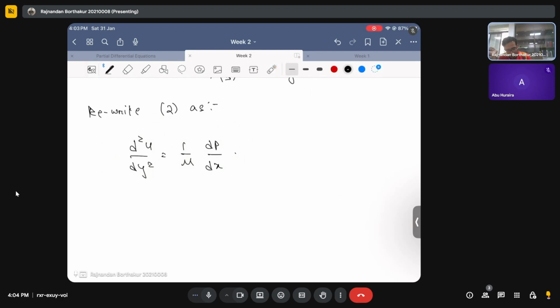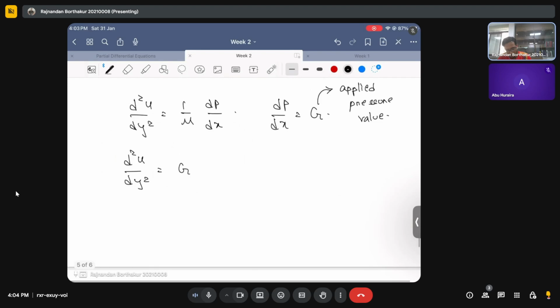Which then means I can now write dp dx is equal to just g, and this g is given to us, this is the applied pressure gradient. Okay, so then I can write this as d2u by dy2 is equal to g, and in fact this is going to be g by mu, because there is already a mu involved, where mu is just the dynamic viscosity of the fluid. Okay, and then that's it.